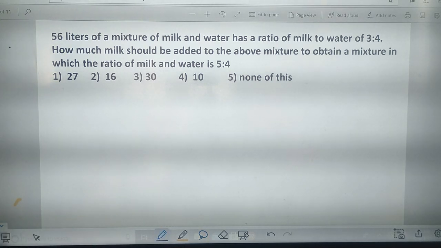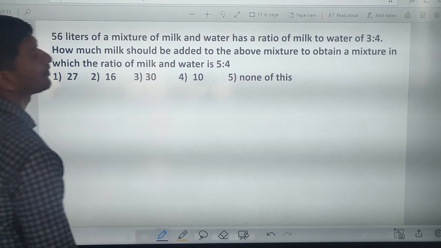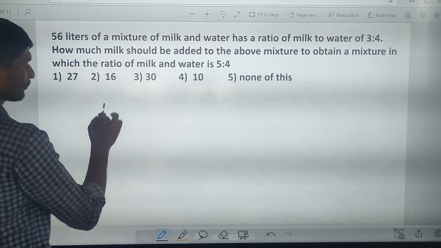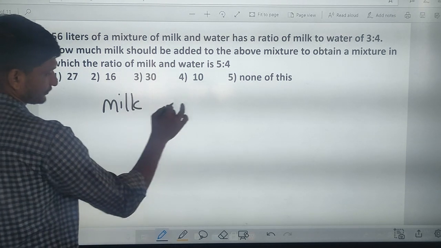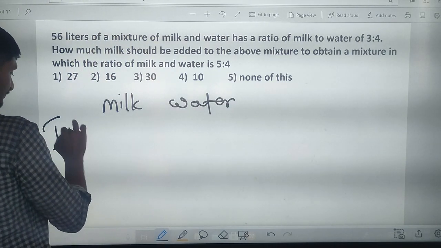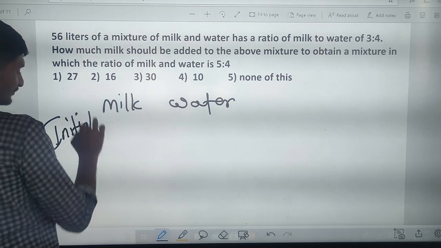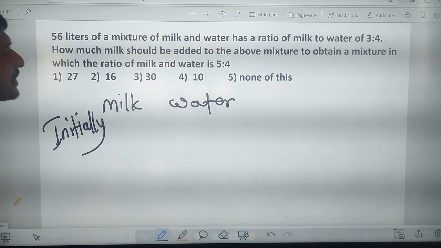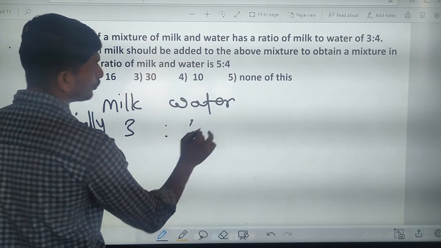Here 56 liters of a mixture of milk and water. Initially milk and water in the ratio 3:4.